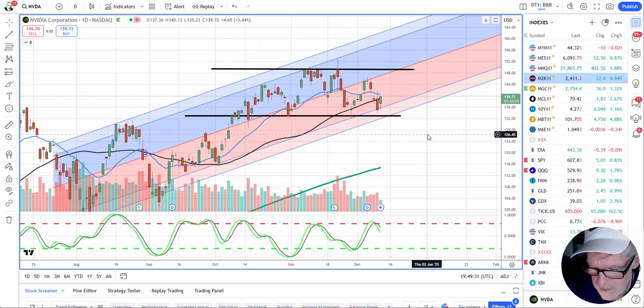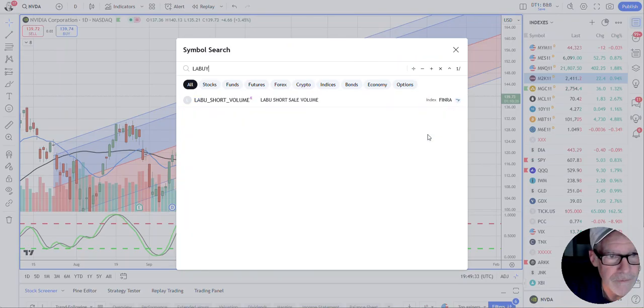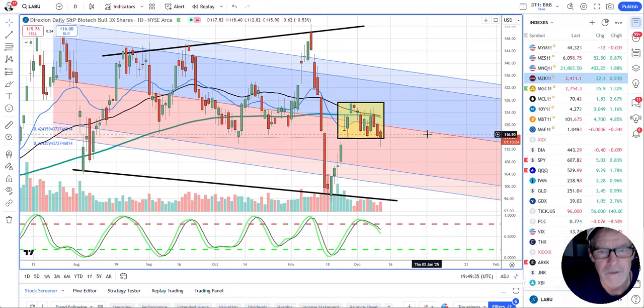And then lastly is LABU. LABU is the 3x bullish version of certain biotech companies. And the companies you find in LABU tend to be a little bit more on the speculative side. They've got a great pipeline, perhaps, but they don't really have much in the market just yet.